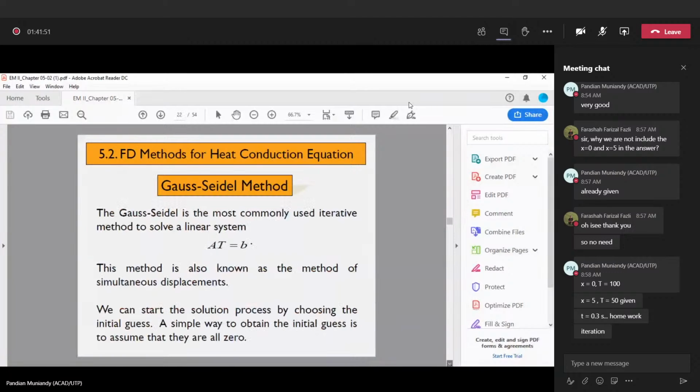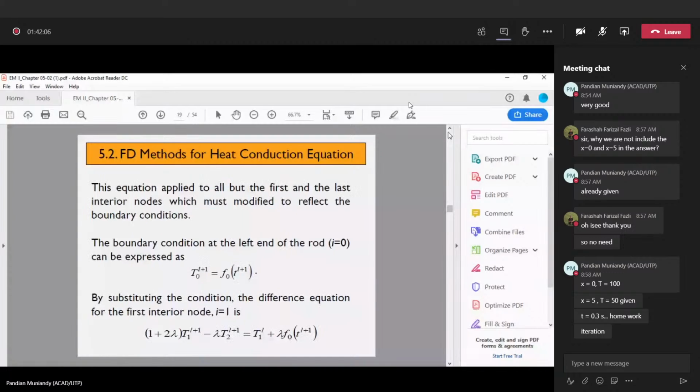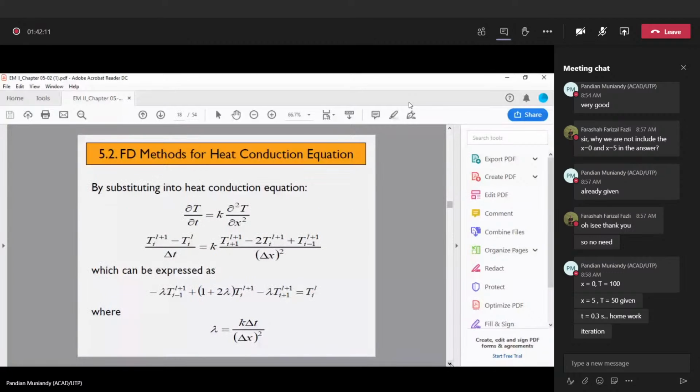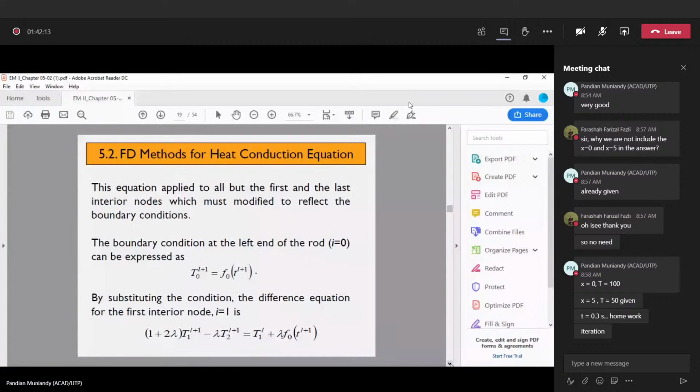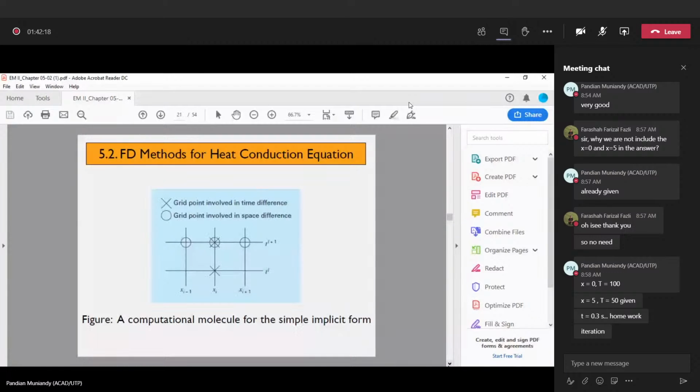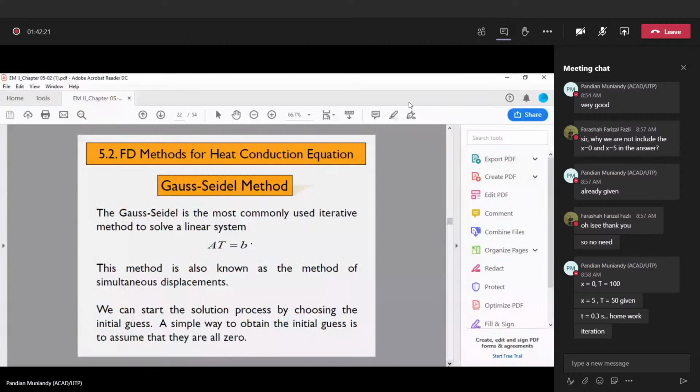But the idea here is that for the implicit method, we use the implicit method to develop this equation, and then to solve the system of equations, we must use the Gauss-Seidel method. This is different now.